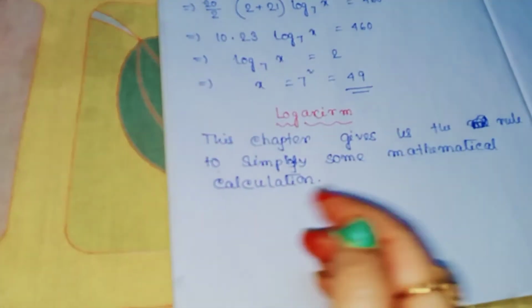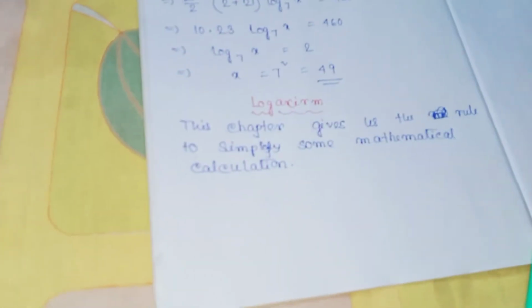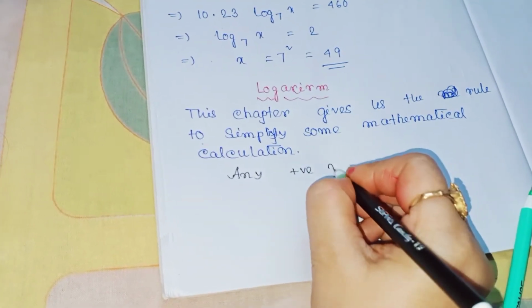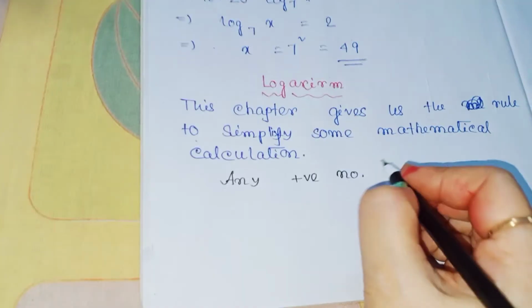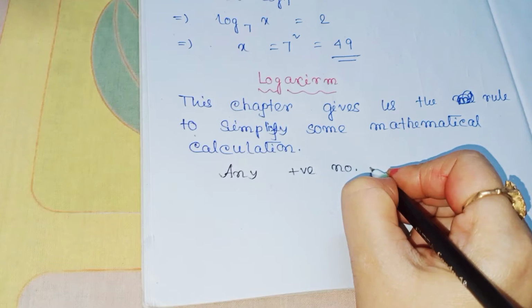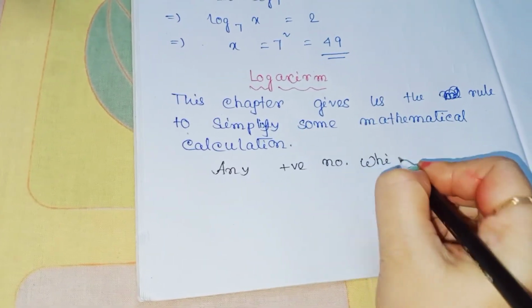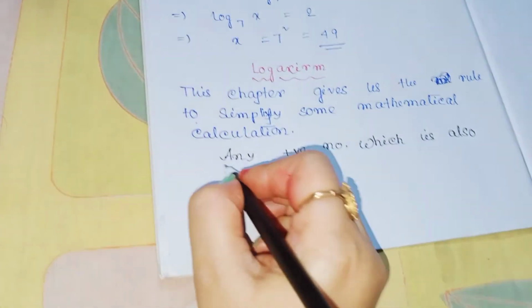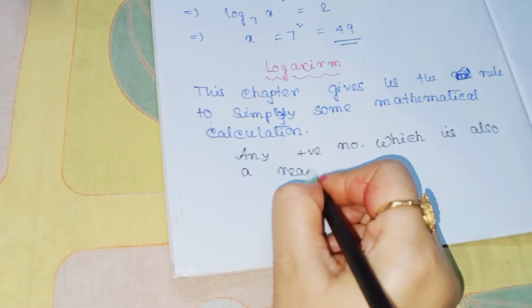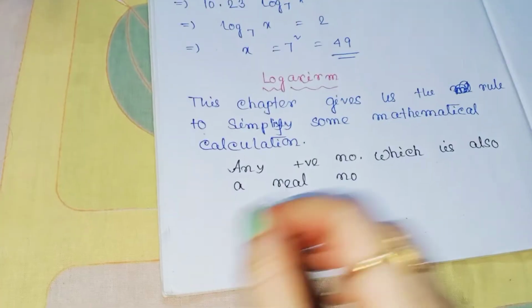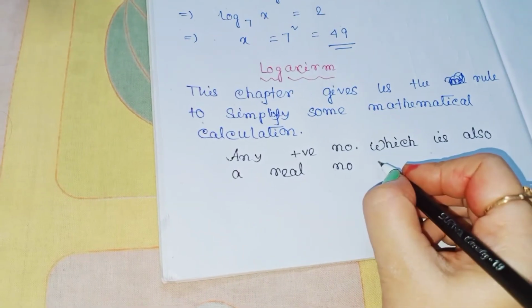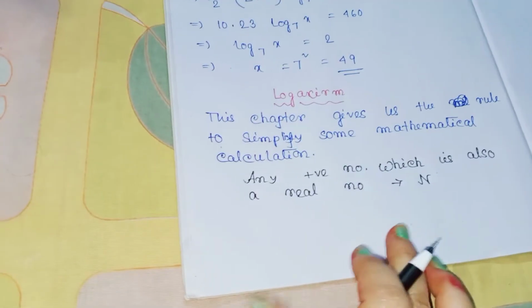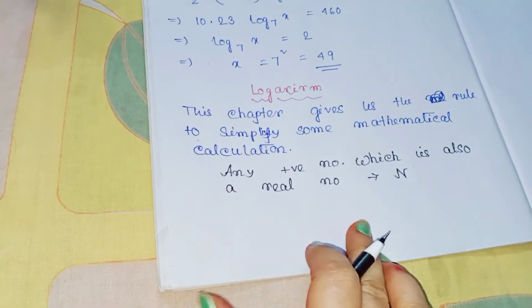Any positive number, let's suppose any positive number which is also a real number, and this number is n. Now we can represent n in two ways.